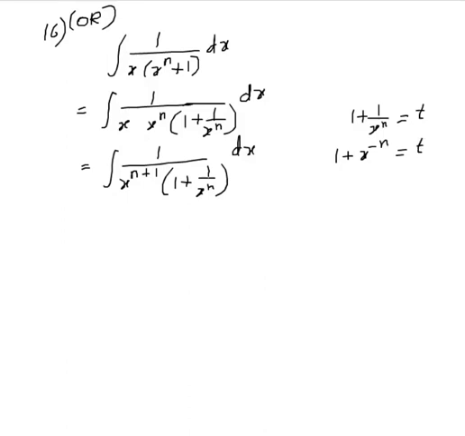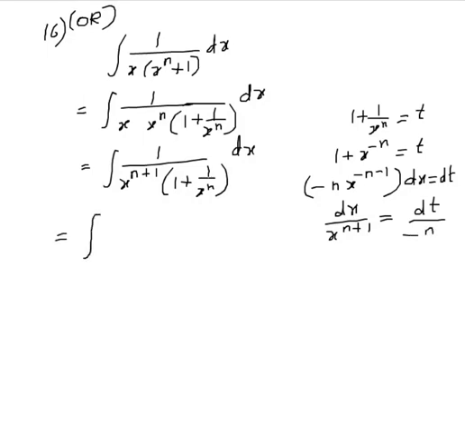Differential of 1 is 0 and here we get minus n x power minus n minus 1 dx is equal to dt, therefore dx divided by x power n plus 1 is equal to dt divided by minus n.